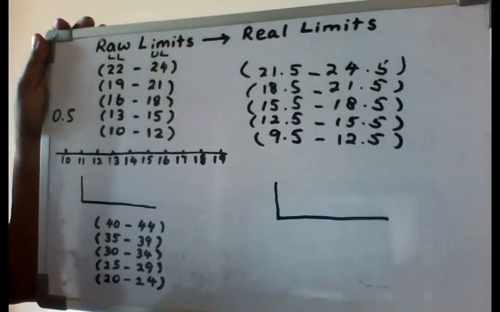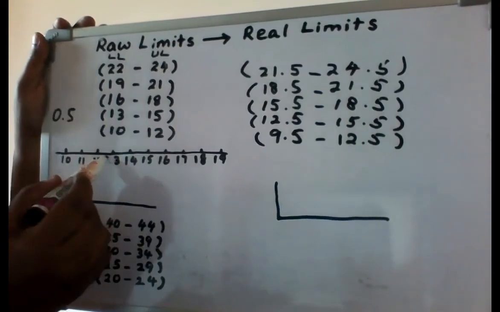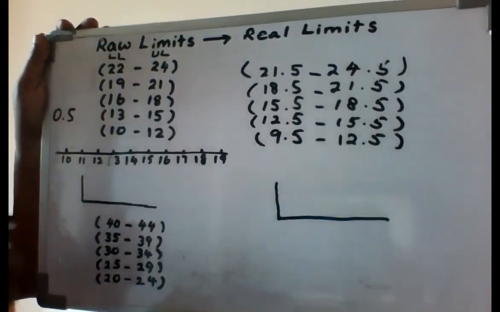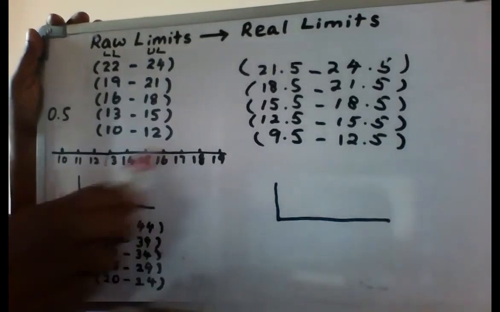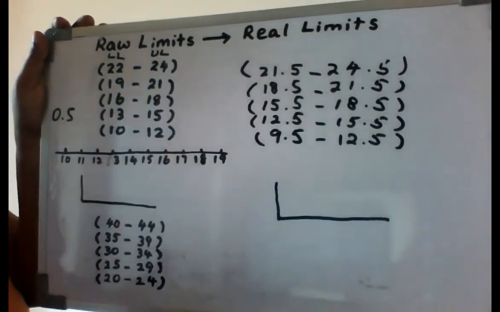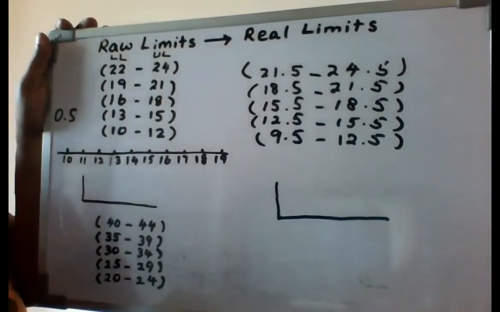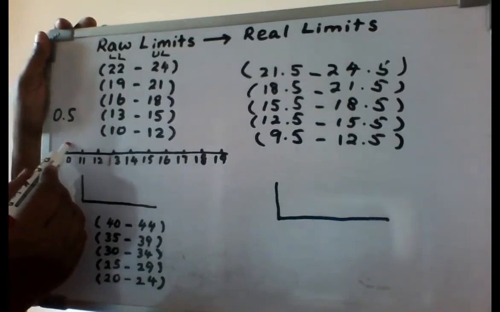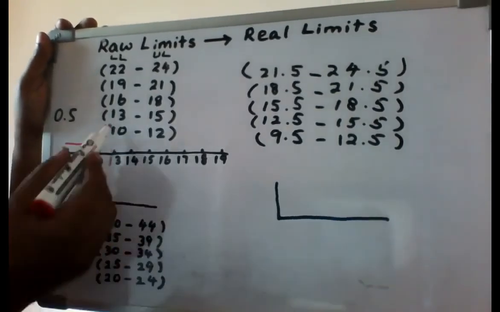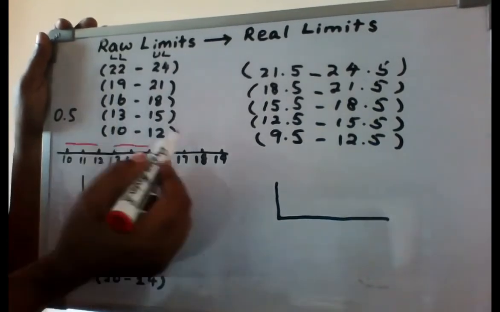Then now the meaning of this one. Here if we draw a line, these are the values 10, 11, 12, 13, 14, like that. Now 10 to 12, not 20. Then 13 to 15, 16 to 18.